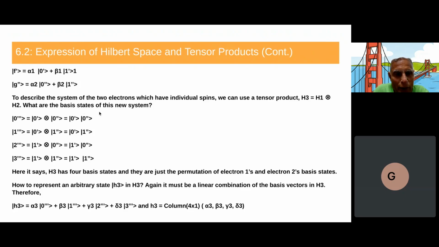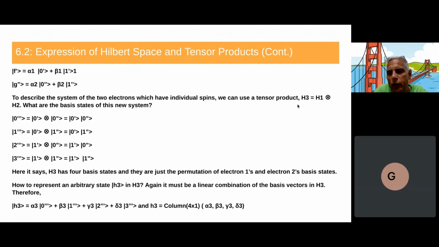So overall, to describe the system of two electrons which have individual spins, we can use a tensor product H3. Right now we are talking of H1 and H2 as being two single spins, two electrons each having its own space, and we are combining those into a third space. When it comes to the third space, there are four, because each one has one.